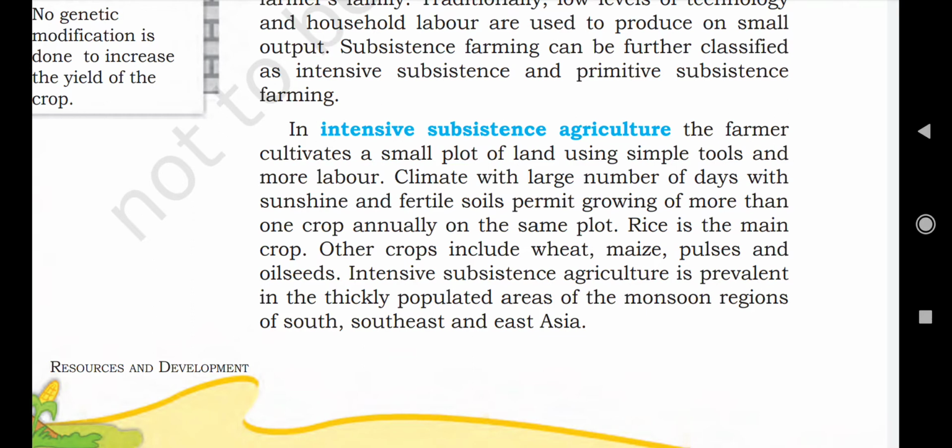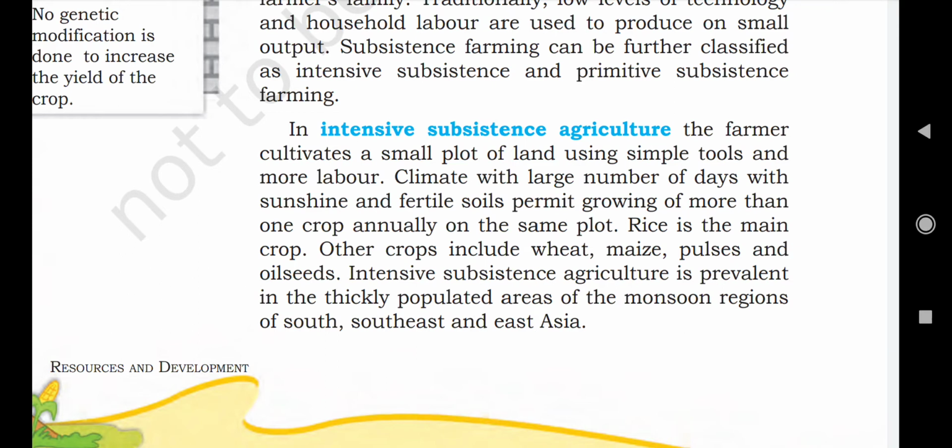Means they have 1 vigha or 2 vigha of land, and they use simple tools, like bullock and hand plow. They are not using tractors and all these things, and they use more labor. When they have to cultivate the grains, they use labor. They are not using technology.